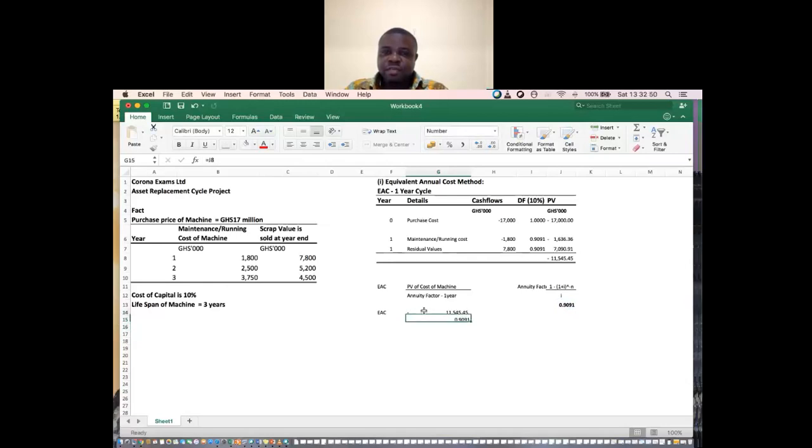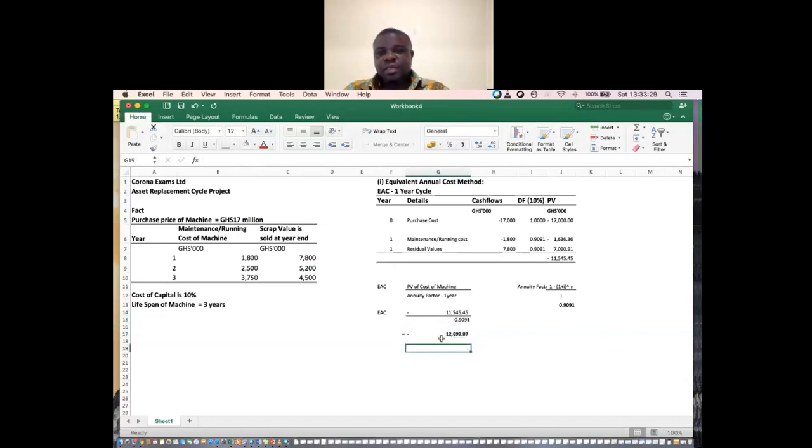So if I divide this by that, what I'll get is negative 114,545.45 divided by 0.9091, and that will give you a cost of 12,000.